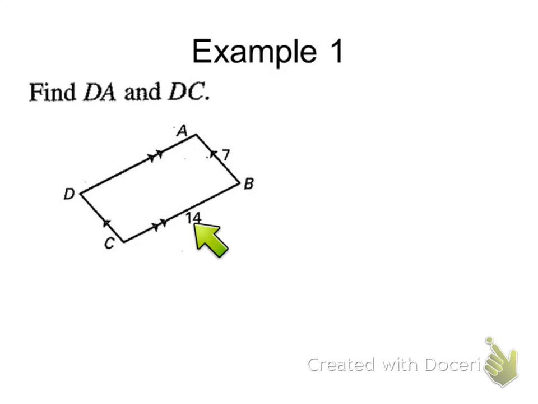They're congruent. So if CB is 14, what's DA? 14. Now circle it so we know that that's your answer, not just something you're doodling. All right, if AB is 7, what's DC? 7, very good. So opposite sides are congruent.